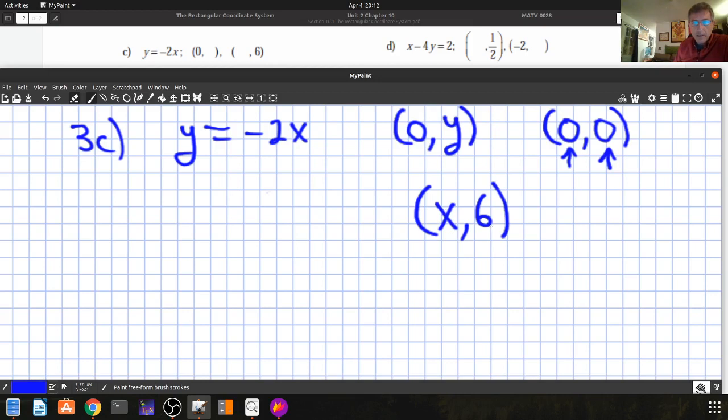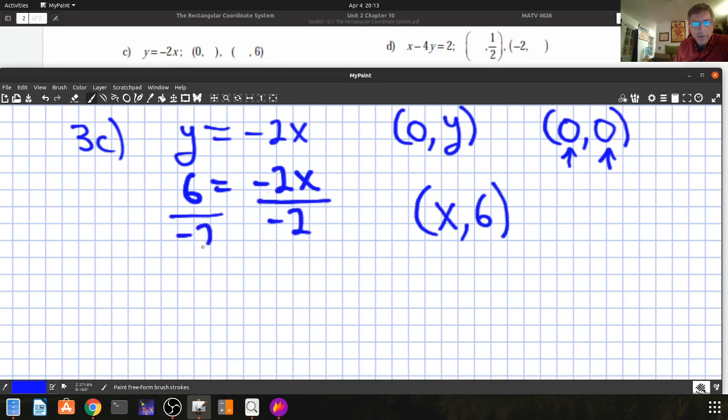It doesn't seem to matter, and that's going to be true in general. So again, I'm solving for x. My y value is 6. Now it's almost solved for me, right? So I divide both sides by minus 2.